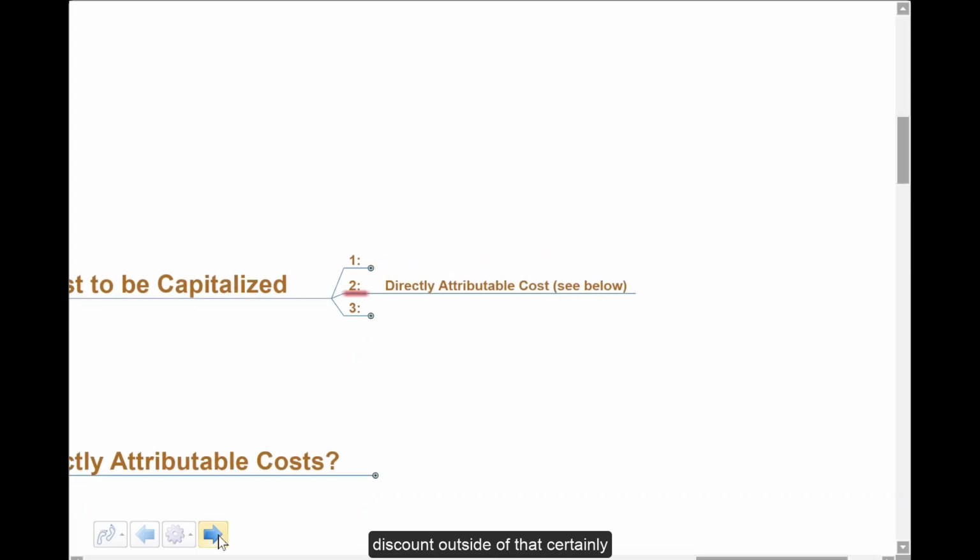Outside of that, certainly directly attributable costs. Now, notice the word directly. That's important, and it's an area that the examiner will target. So for example, maybe we have a cost that isn't directly attributable, so therefore that can't be included in the value of the asset that we capitalized. Note below, we'll look at attributable costs.